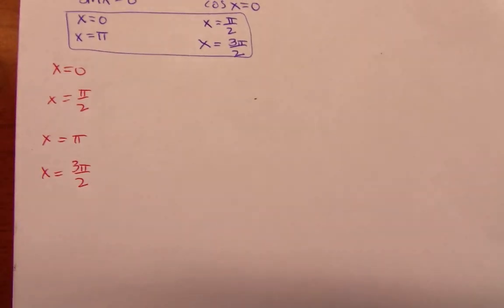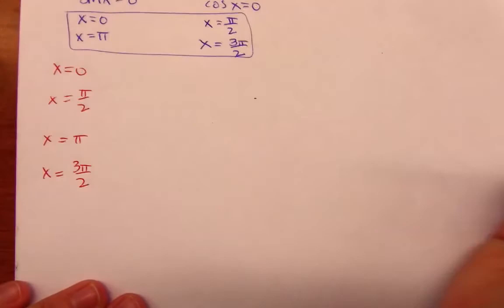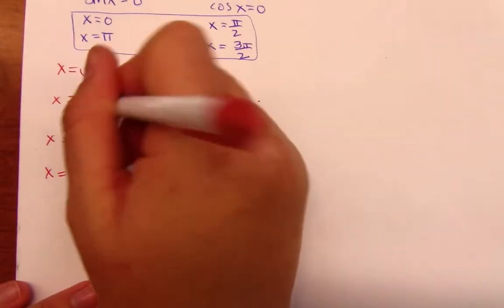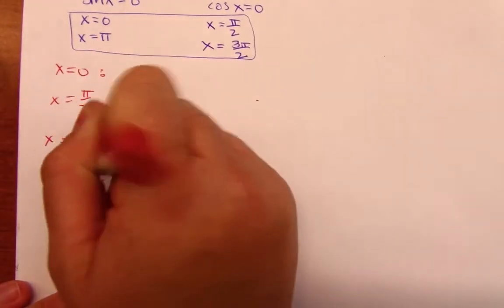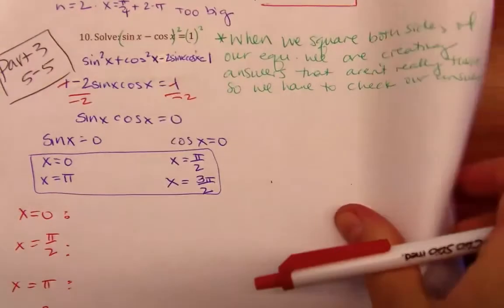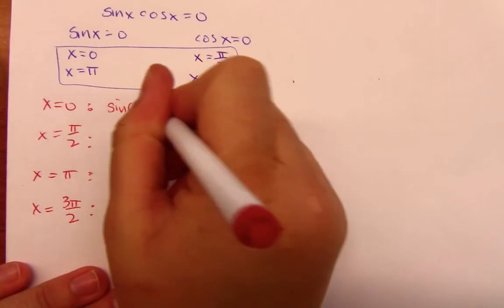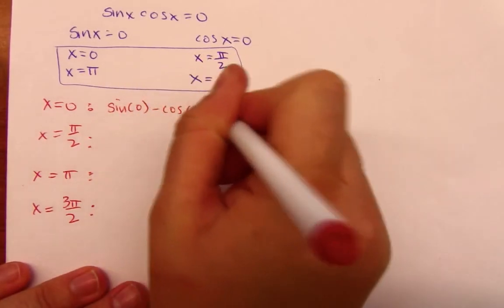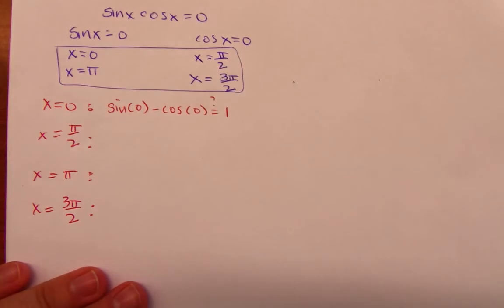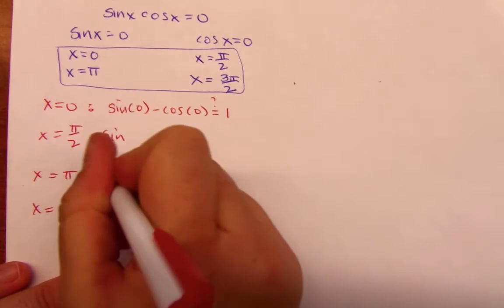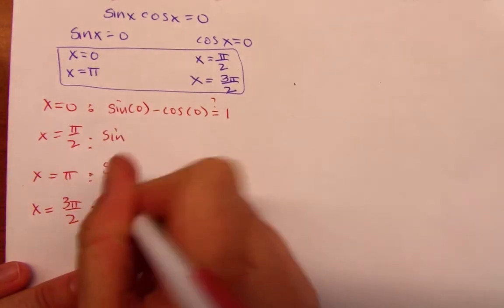So checking these, what that really means is plugging it into the original equation. So our original equation, as we saw above here, was sine x minus cosine x equals 1. So sine of 0 minus cosine of 0 equals 1, and we're checking, is this true? I'm going to set this up for all of these first. So sine, sine, sine.